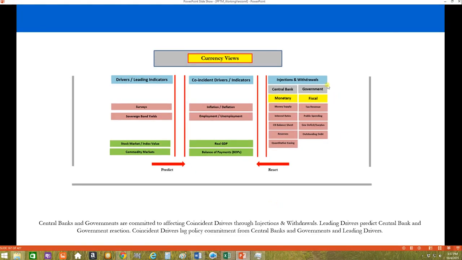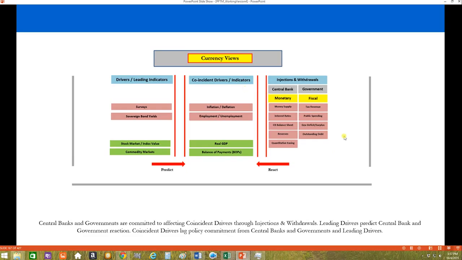Okay, so we understand how this flow occurs, and we must always keep this in the back of our minds. We must understand what the leading indicators are in terms of drivers and how they predict.